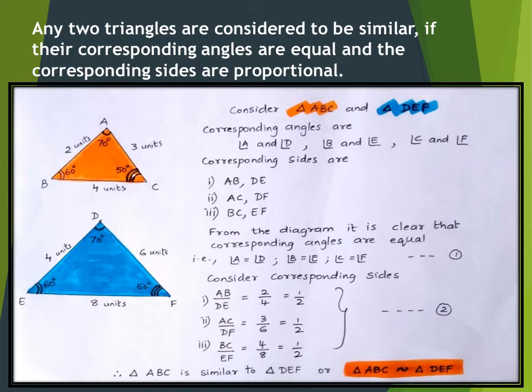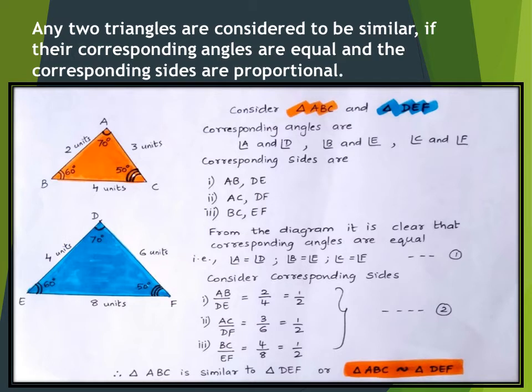Similarly, there are two more pairs. The corresponding angle of angle B is angle E, and the corresponding angle of angle C is angle F. So it is clear how to identify the corresponding angles.